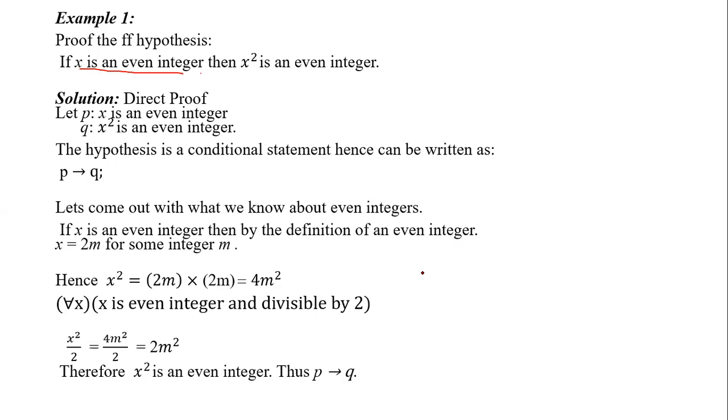Now let's do something. I know we have positive integers and negative integers. So let's start from 1, 2, 3, and so on and so forth.